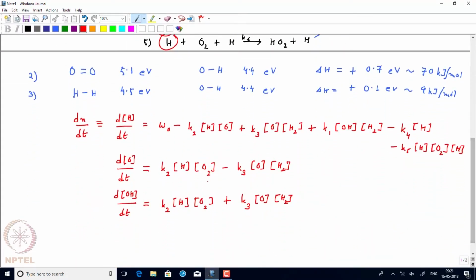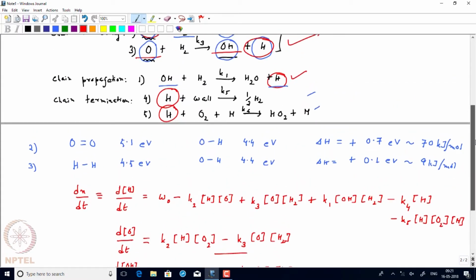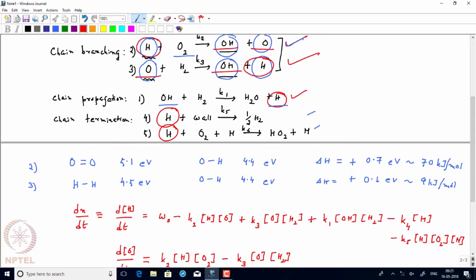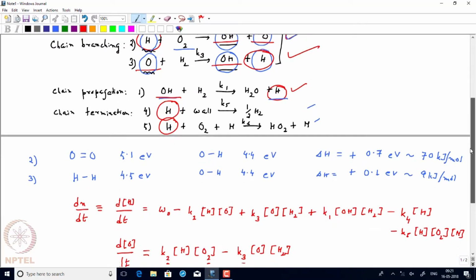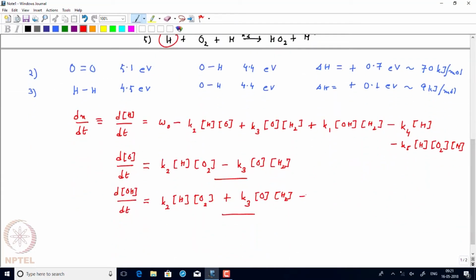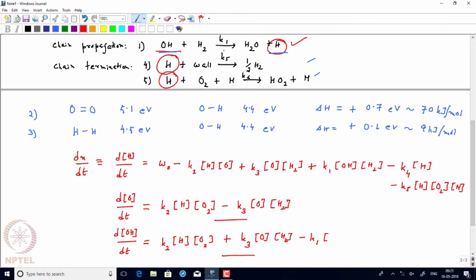That is why in the O radical equation I have a minus sign, but here I have a plus sign because it is for the OH radical. Plus, as you can see, there is also OH radical in the chain propagation step which is being consumed. So I have to use minus K1 into OH into H2.